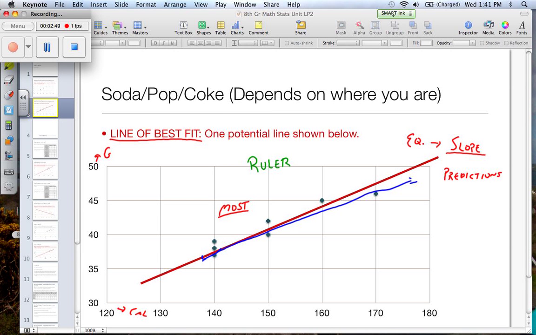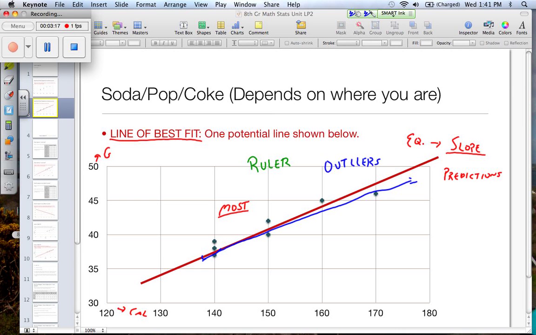But you don't have to do it this way. I would not recommend doing it that way each time. It might work with some data sets, but not with all. I trust your own judgment and your own eye to draw a line that better approximates all of the data points. Because sometimes your last data point and your first data point might be what we talked about last time, big outliers. Okay?